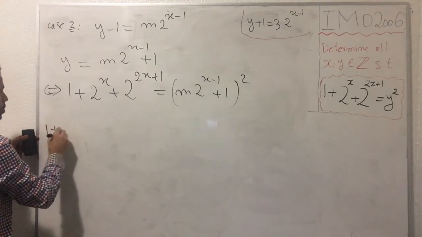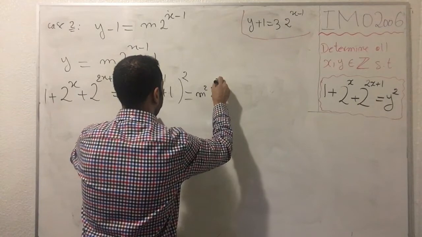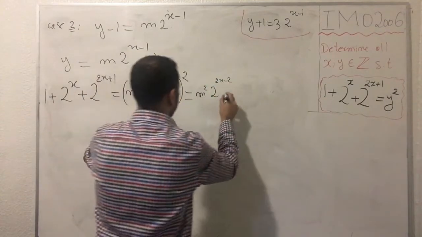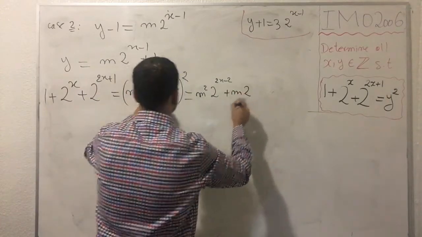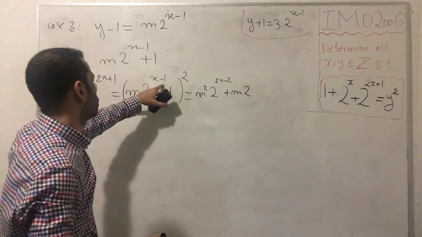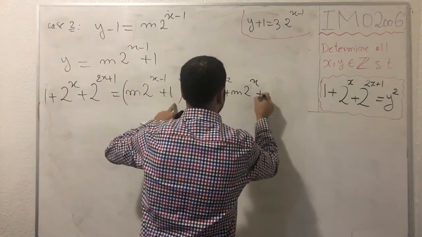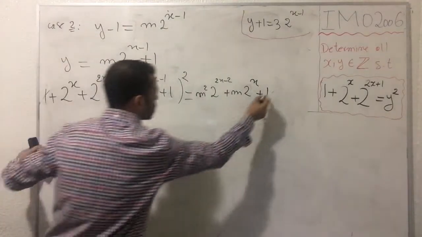So 1 plus 2 is giving me m squared 2 to the x minus 2. Okay? By taking the square of this one, plus 2 times m, which is m, 2 multiplied by 2 to the x minus 1, which is 2 to the x, plus number 1 at the end. Okay, I'm going to cancel out number 1 from both sides.